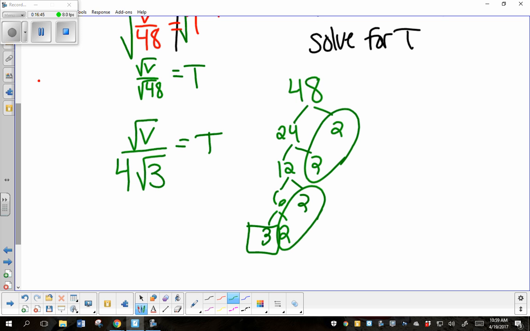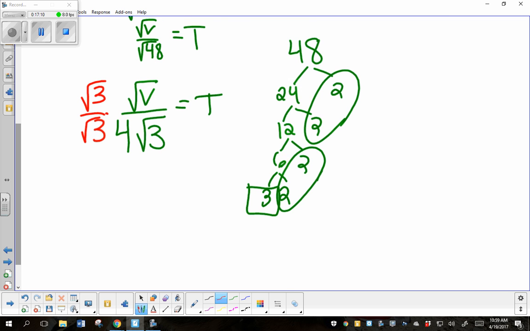So now raise your hand, what do I need to do to get this rationalized? What do I multiply by, Jake? I don't even have to multiply by the 4, do I? Yeah, let's just multiply by root 3 over root 3. Do I have to do that to both sides? No. Is this changing this equation? No. It's just 1. I'm just multiplying by 1, so you don't have to do that to both sides.